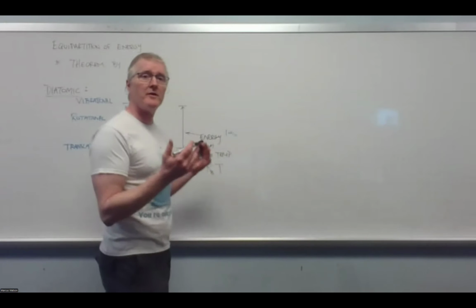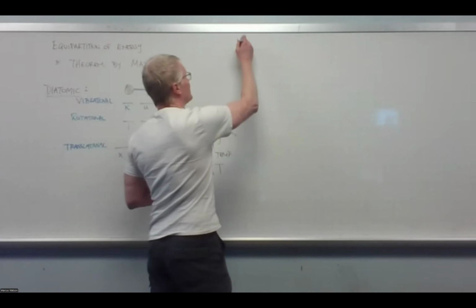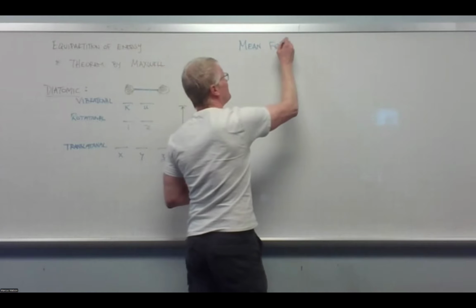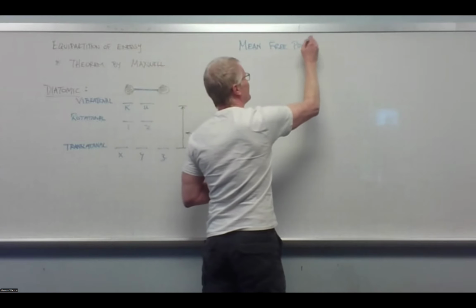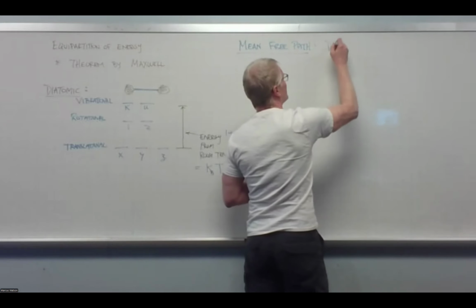So if you think about them colliding, we can go back to the monatomic species for a minute. This is basically how far does something travel before it hits something? This is the distance between collisions.